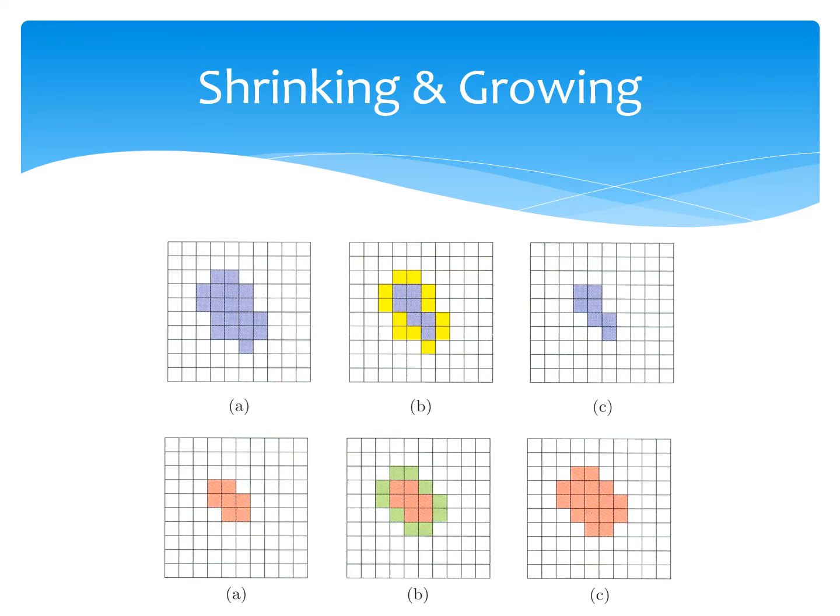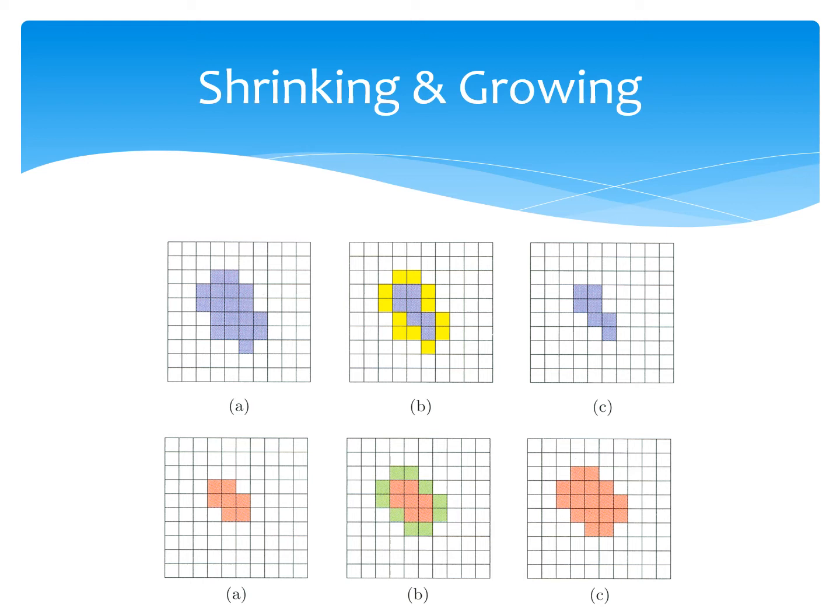Here, we visualize the shrinking and growing process at pixel level. If you consider a segment is an onion, shrinking can be considered as peeling off an onion layer by layer. As you can see, the top row illustrates the shrinking process.